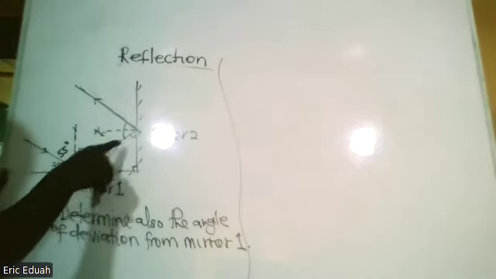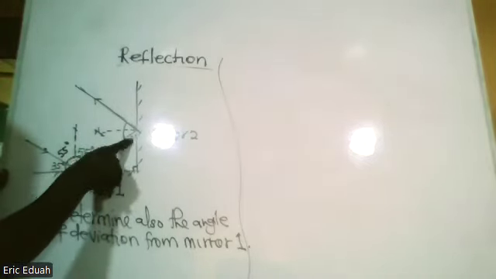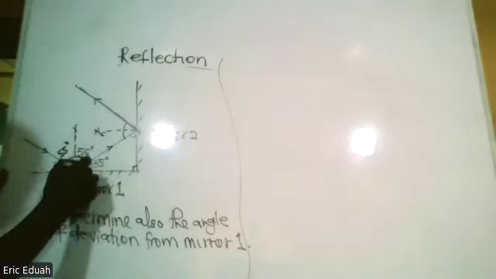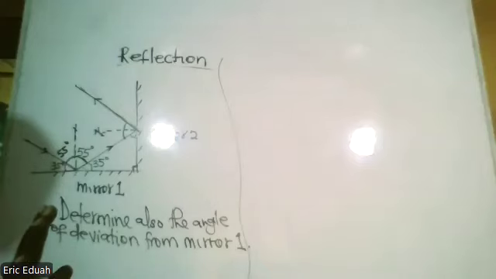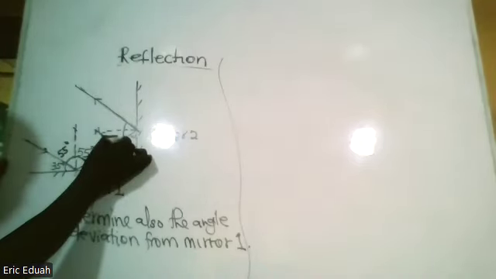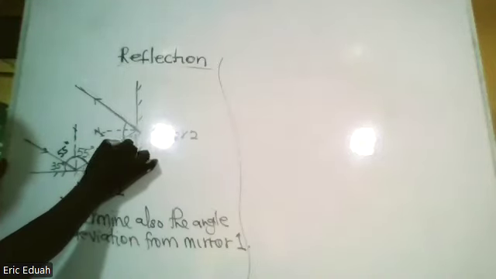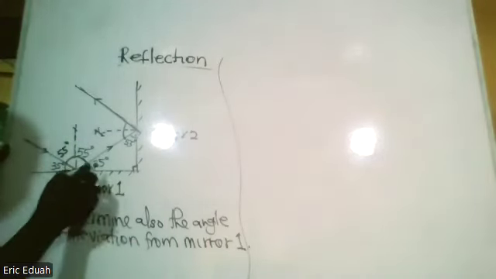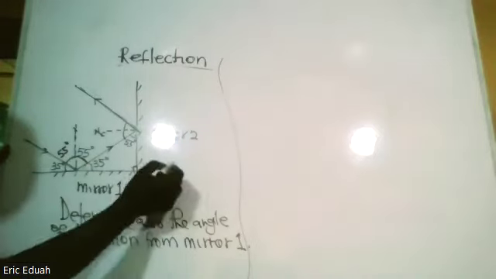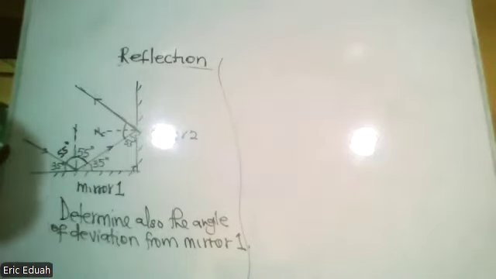So if this is 35, you can get this by subtracting 35 from 90. Quick. And that will be 55, isn't it? Class, isn't it? Yes, sir. So this is 55. I don't have to add to 180 before I find the unknown.